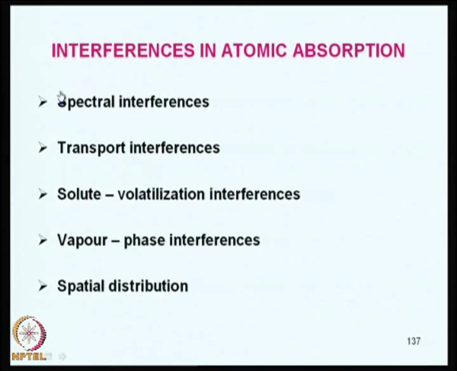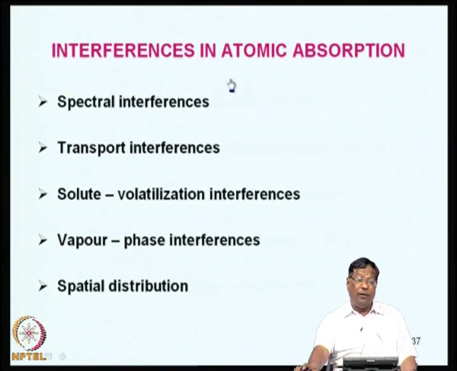So, what are the types of interferences? Now, I am going to discuss with you the different types of interferences in atomic absorption, because all the while I have been saying that atomic absorption is almost an ultimate technique where the interferences are minimal and it is an element specific technique.